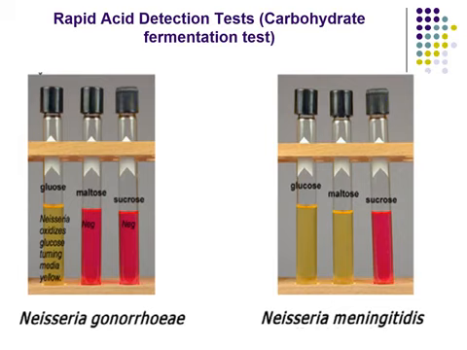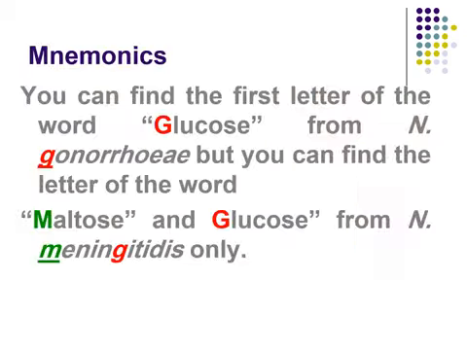You can take this as a mnemonic: glucose, gonorrhea, GG, while meningitidis is G and M, glucose and maltose. You can find the first letter of the word glucose in Neisseria gonorrhoeae, but you can find the letters of the words maltose and glucose in meningitidis only.